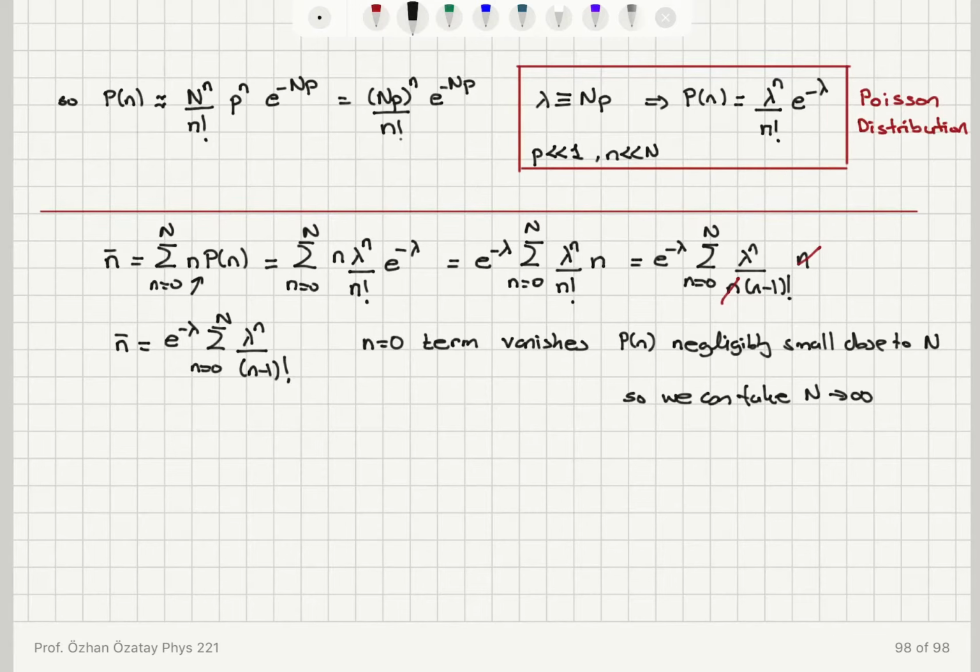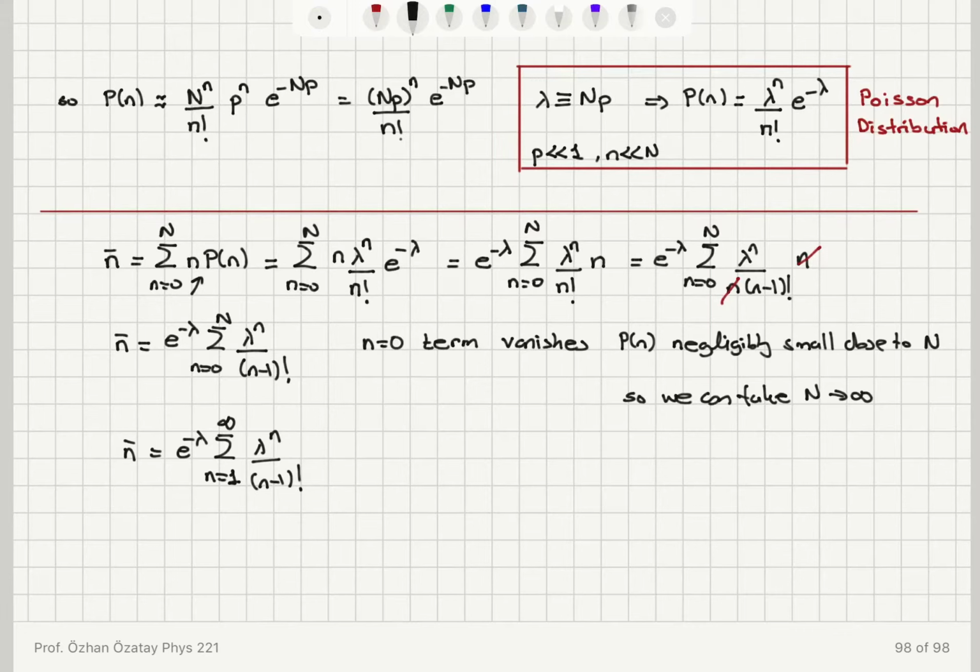So with these two, basically this turns into e to the minus lambda, and the summation actually starts from 1, goes to infinity, lambda to the n divided by n minus 1 factorial.